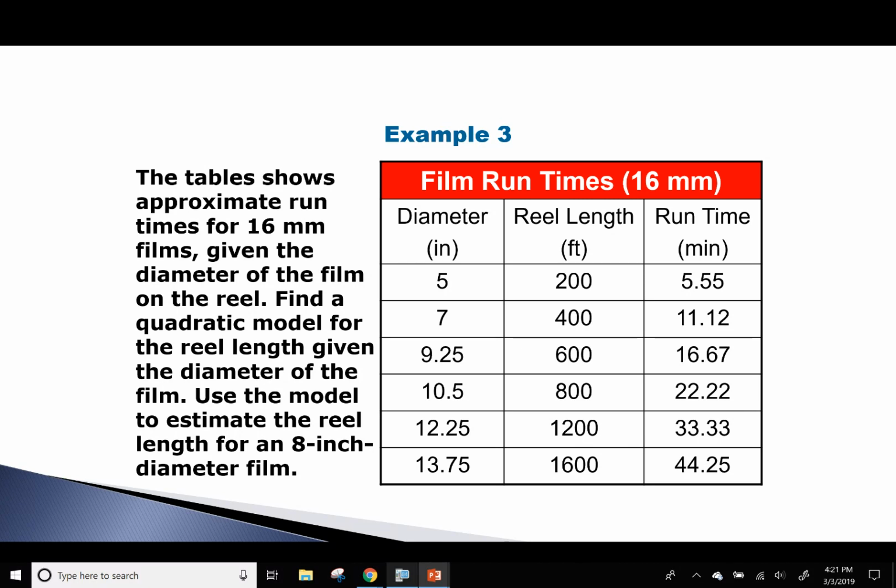Now this is interesting because of how many variables it gives us. It gives us the diameter of the film, the length of the reel, and then how long that film actually is.